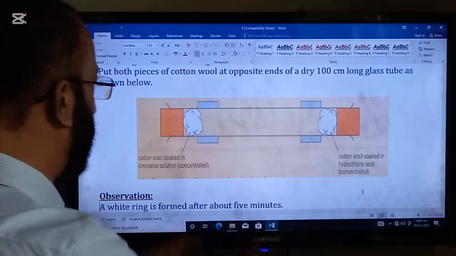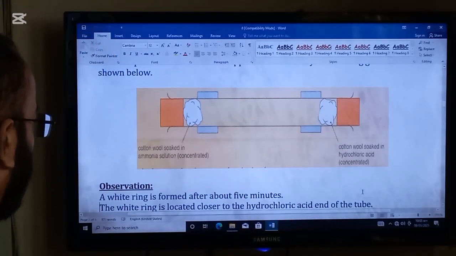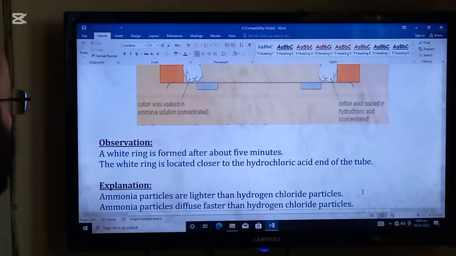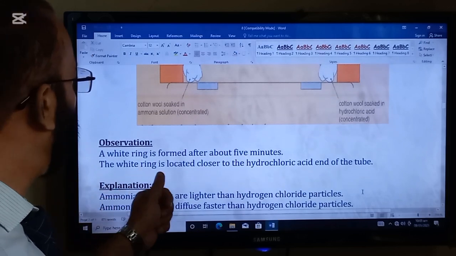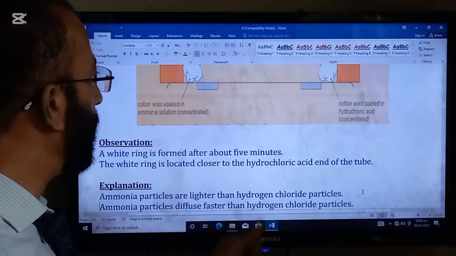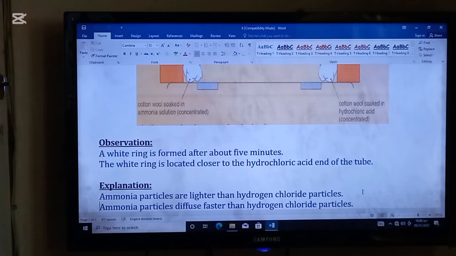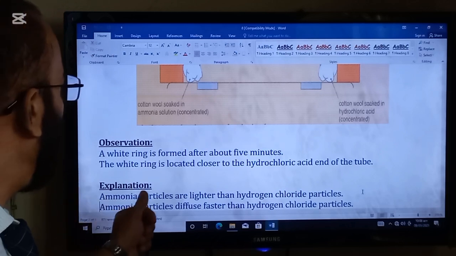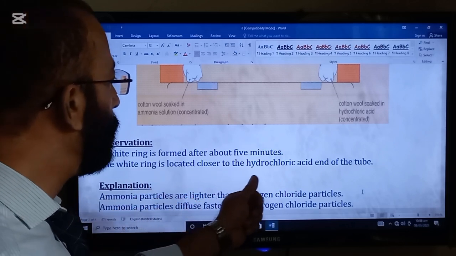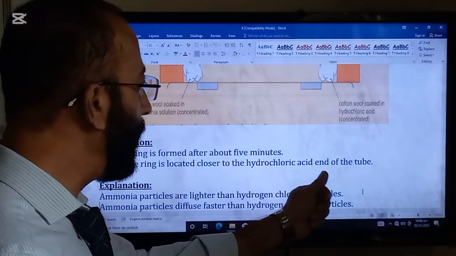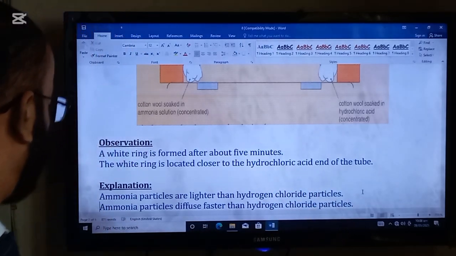So this is the setup. Observation: a white ring is formed after about 5 minutes. The white ring is located closer to the hydrochloric acid end of the tube.